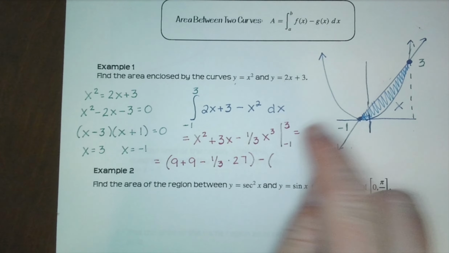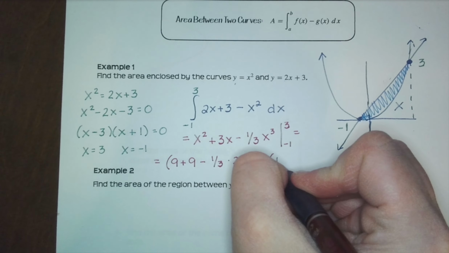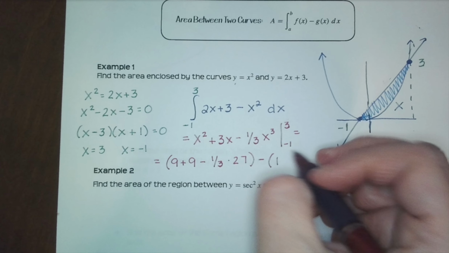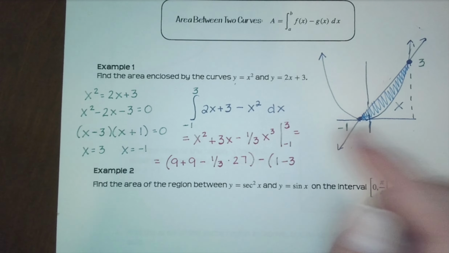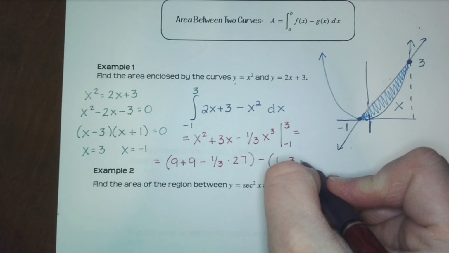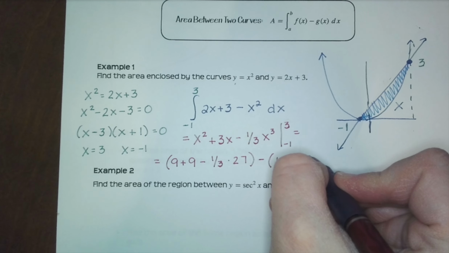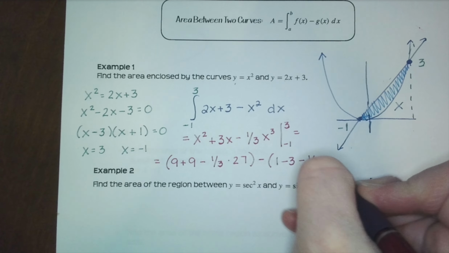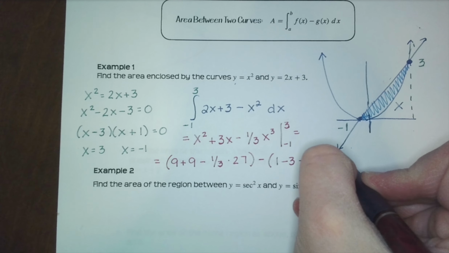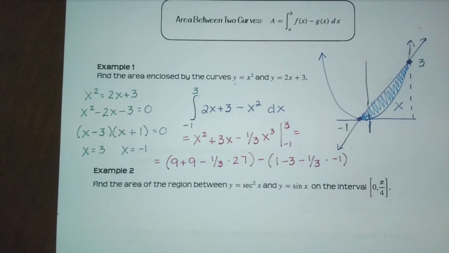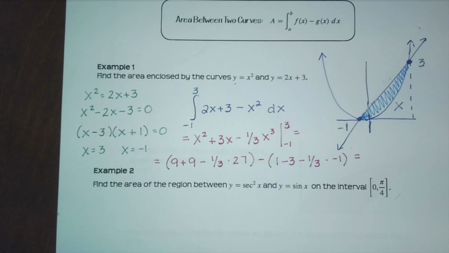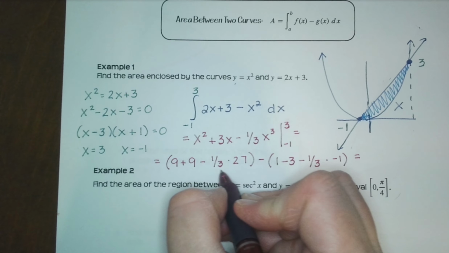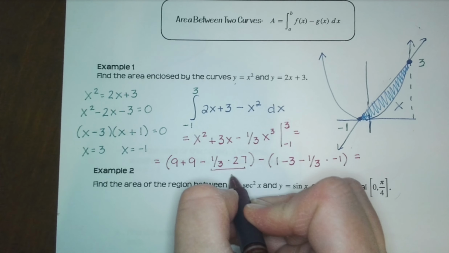Minus, okay, negative 1 squared is positive 1. 3 times negative 1 is negative 3. And then negative 1/3 times negative 1 cubed, that's going to leave me with 1/3 times negative 1. Okay, I'm going to have one tiny annoying little fraction in there. We said this 1/3 times 27 is really just another 9, right?